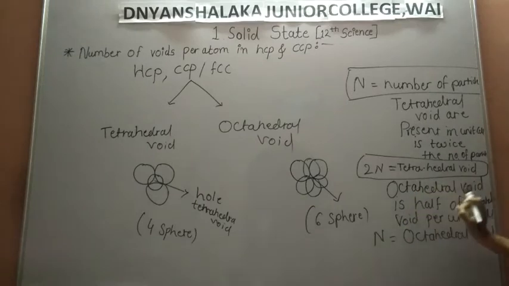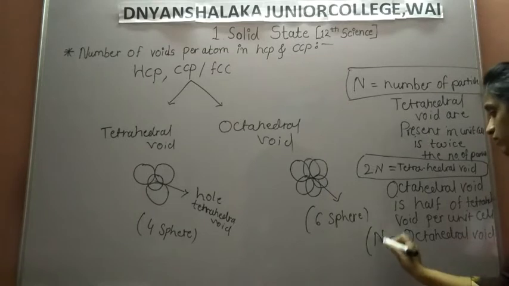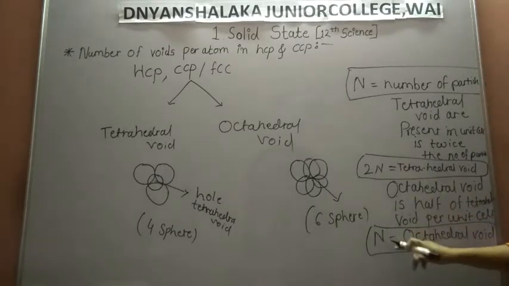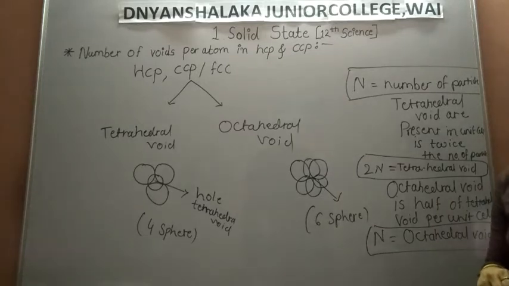Octahedral void is half of the tetrahedral voids per unit cell, so half of 2N gives N. So in one unit cell, only one octahedral void is present per particle.